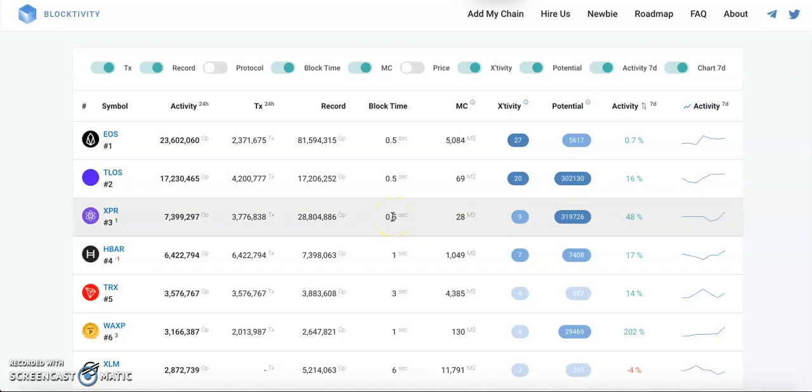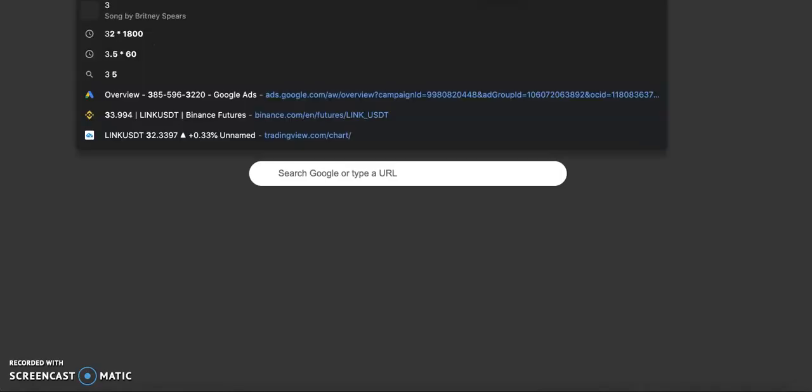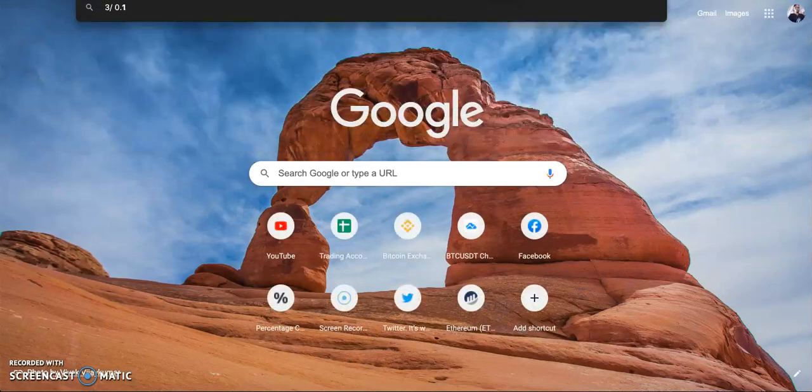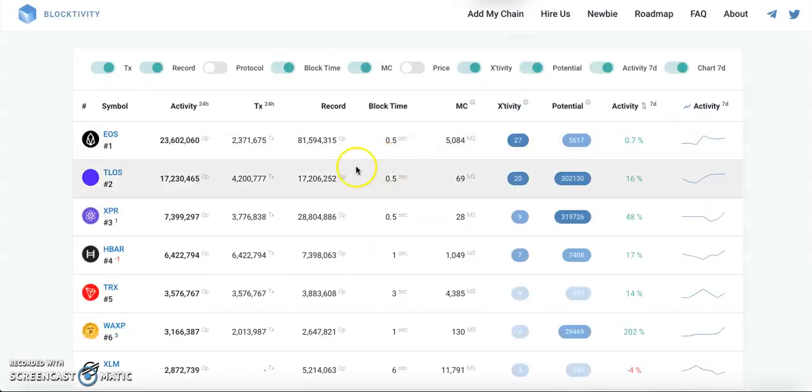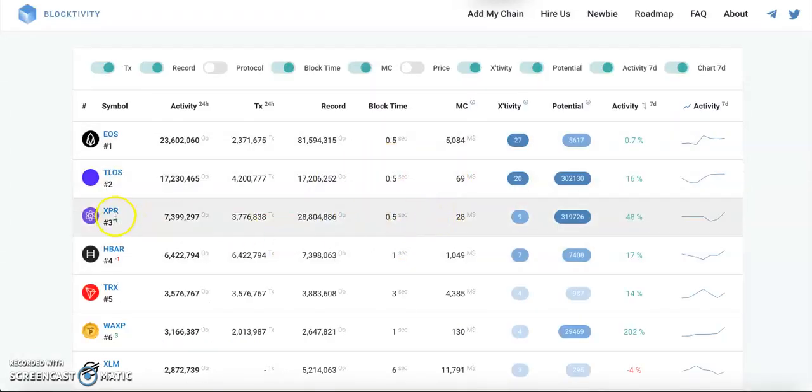That means it is 6 times faster. Hope my math is correct. 3 divided by 0.5 is what? 6 times. You see? So Proton chain is actually 6 times faster than Binance chain.